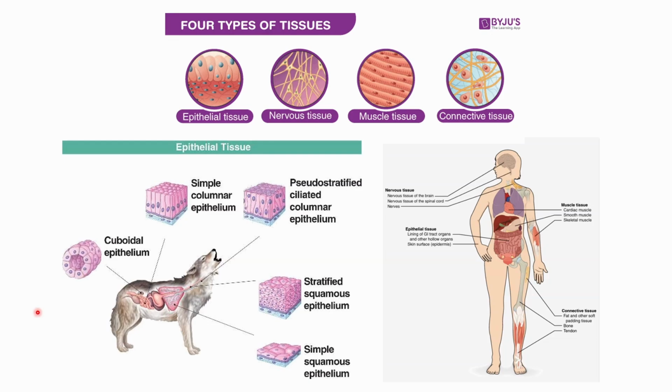Okay, so this time, let's start talking about our first major type of tissue, which is our epithelial tissue. All right.